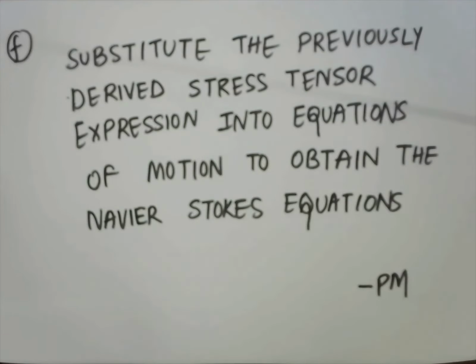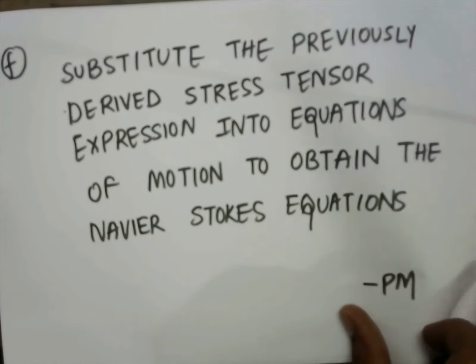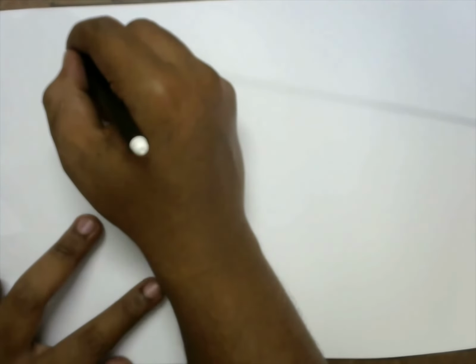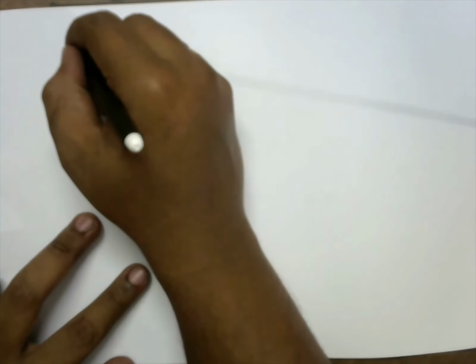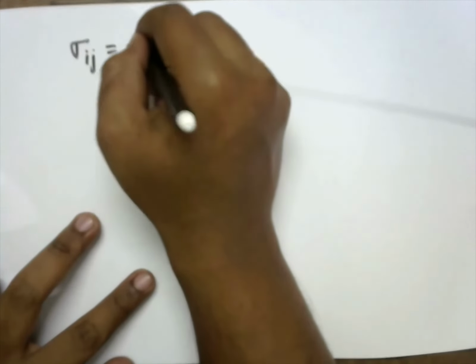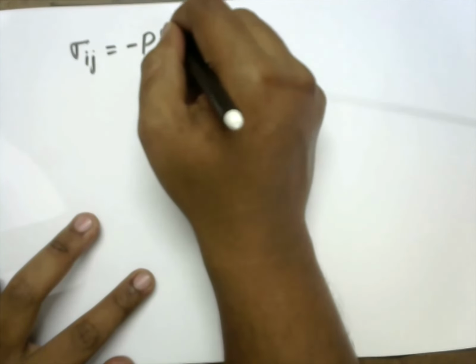We are going to get our Navier-Stokes equations. Right. So first I will write the equations which we have previously derived. The first one is the stress tensor equation, which we derived in the previous video.